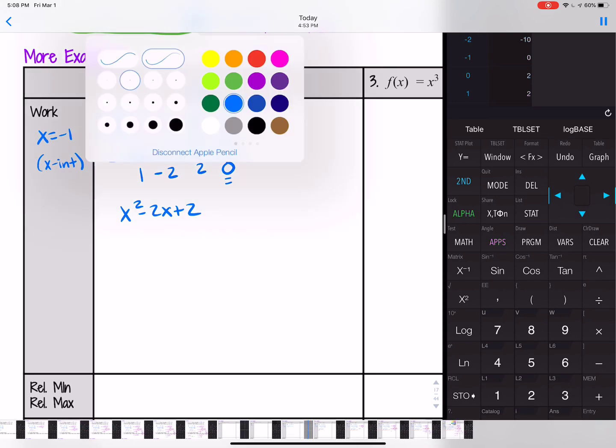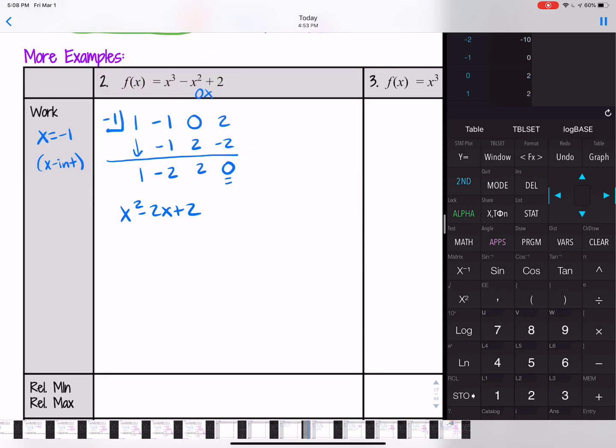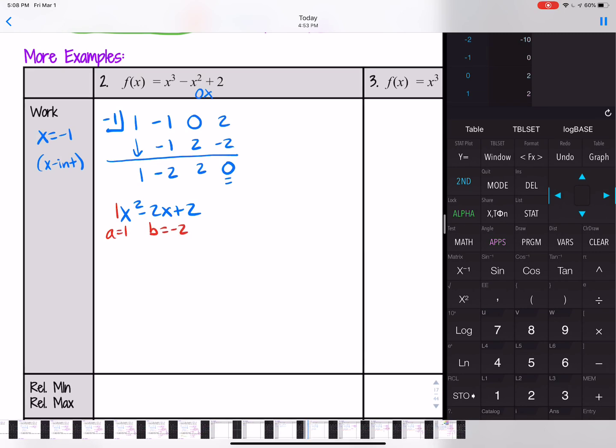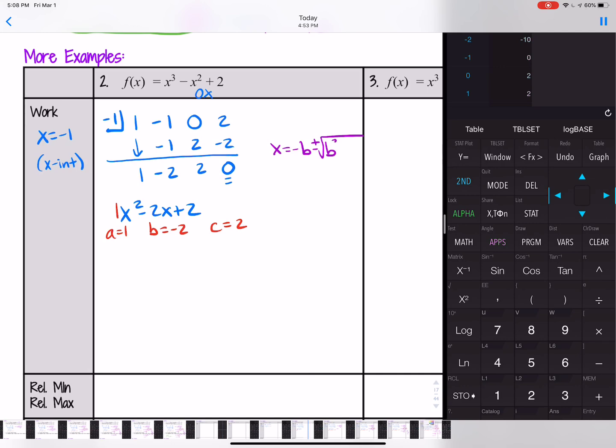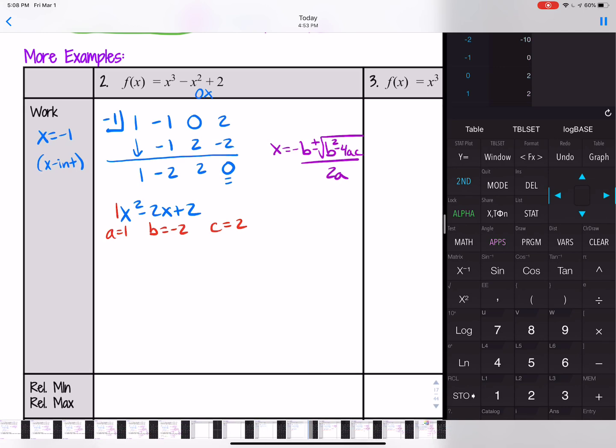So let's go ahead and pick out A, B, and C. So A is equal to 1, B is equal to -2, and C is equal to +2. And then let's just write out the quadratic formula again so you can see it one more time. So x equals -b plus or minus the square root of b squared minus 4ac all over 2a. And we're going to plug in the a, b, and c values that we picked out.